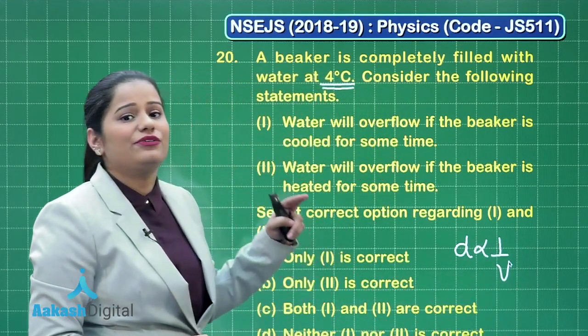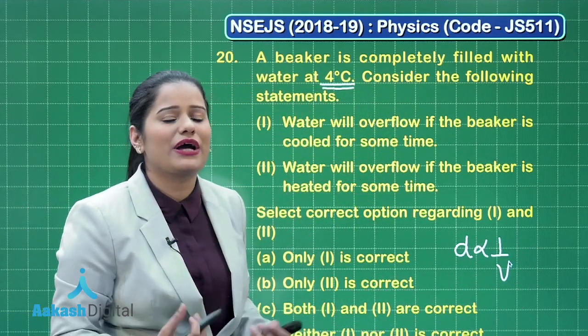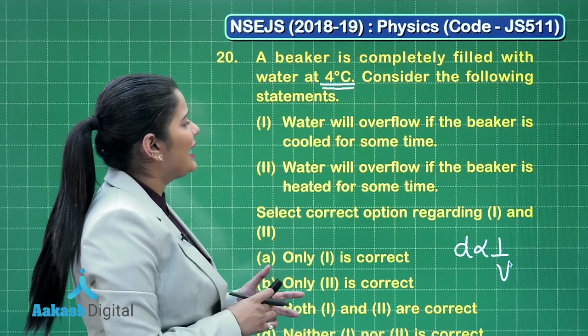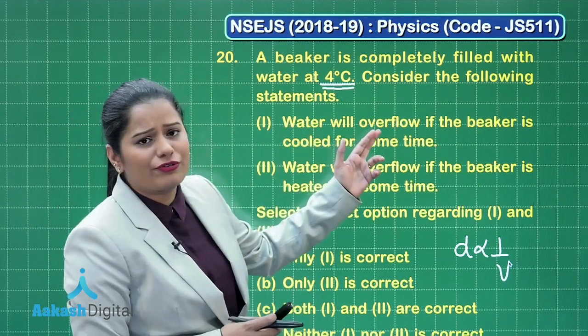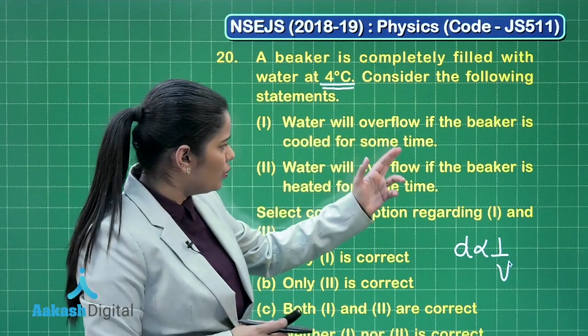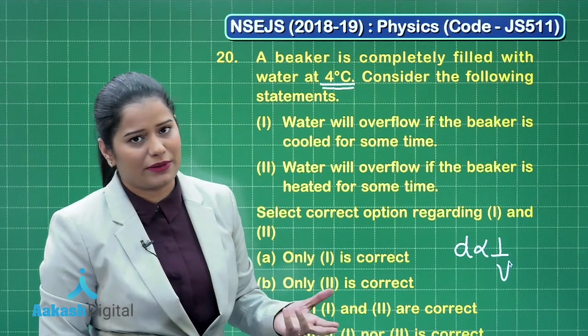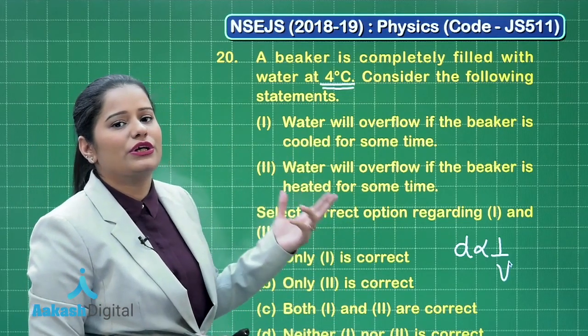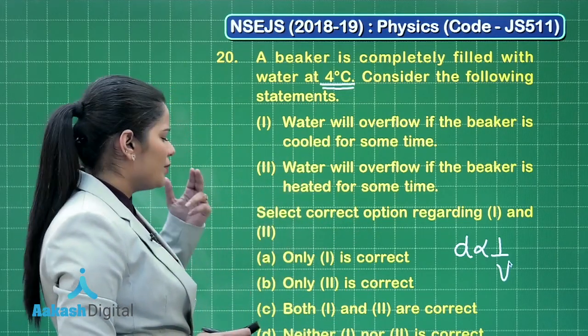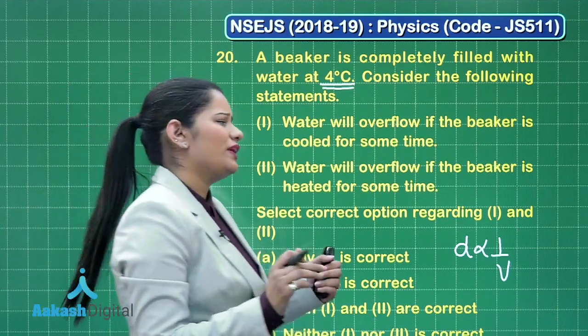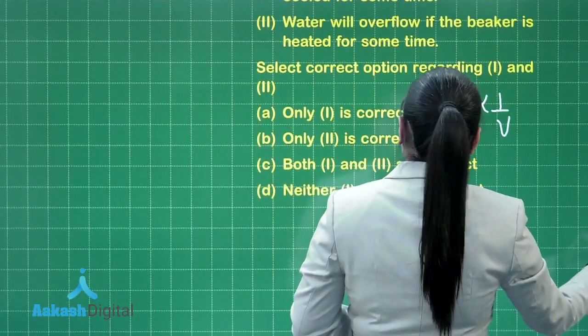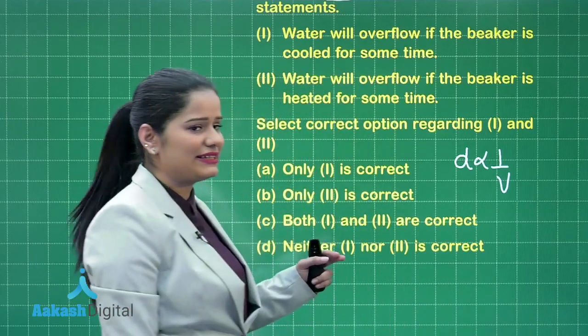So if density decreases, what is going to happen? Volume will increase, and hence water will overflow. It doesn't matter whether you cool the beaker or heat the beaker for some time. In both cases, water is going to overflow, and hence both 1 and 2 are correct. If you have a look at the options, you can clearly see that option C is the correct option.